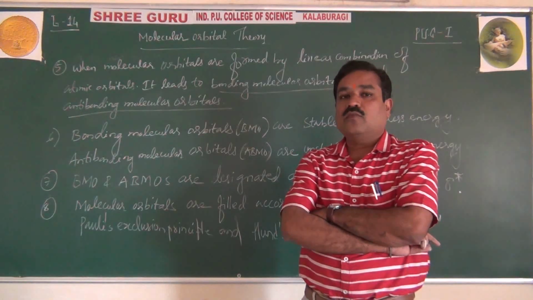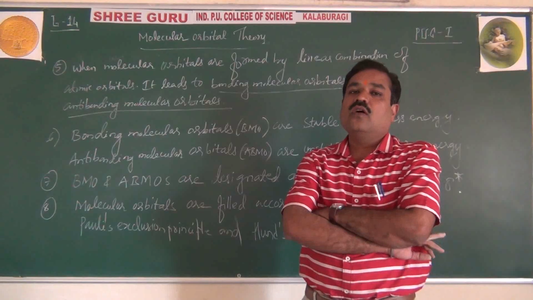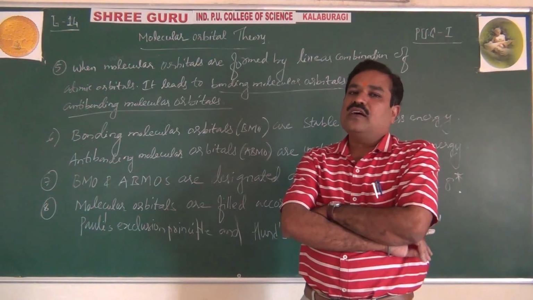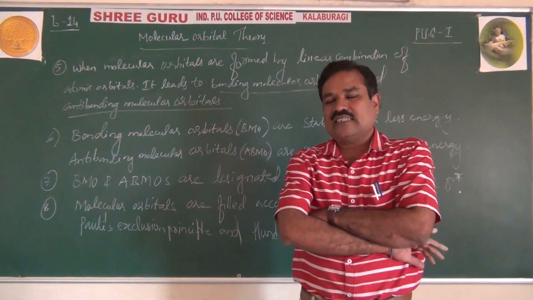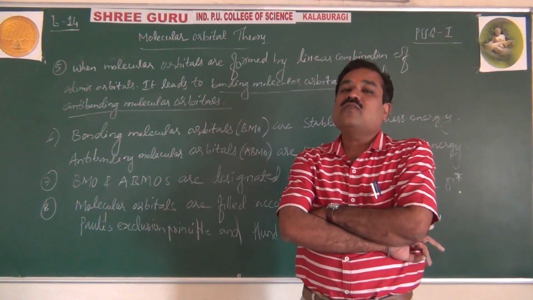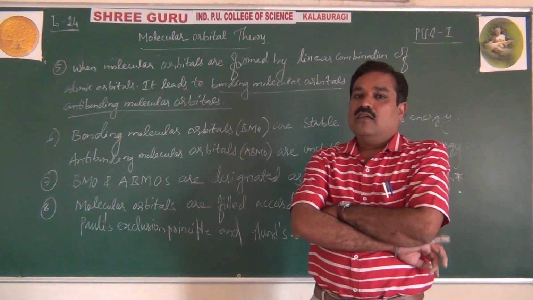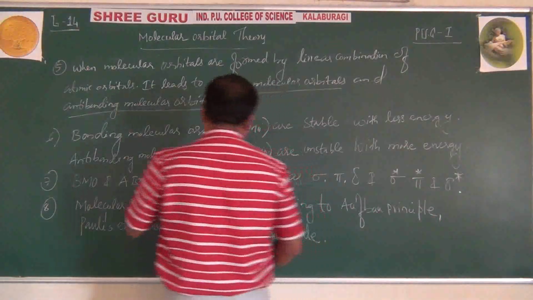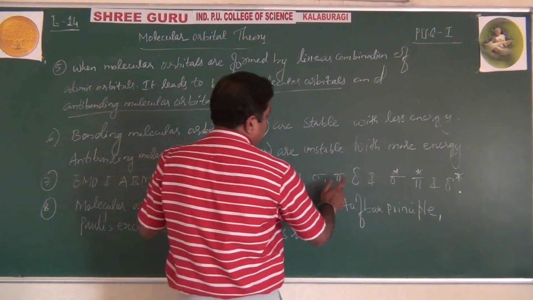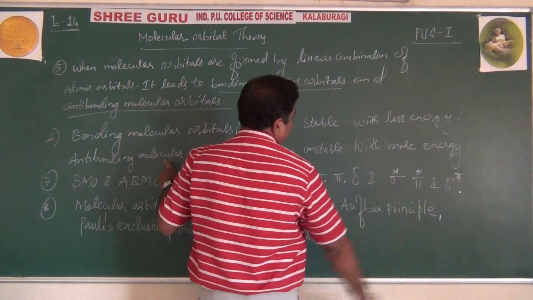Otherwise, they won't form the molecular orbitals. Here also, they undergo sigma overlapping, pi overlapping. Sigma means along the internuclear axis and pi means along the sideways. Okay, but they are represented like this here. Remember, they are designated as I told you, sigma, pi, delta, sigma star, pi star, delta star.